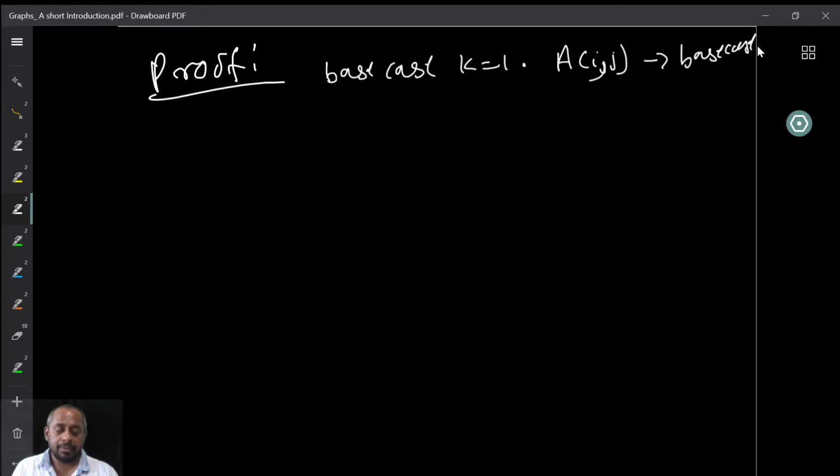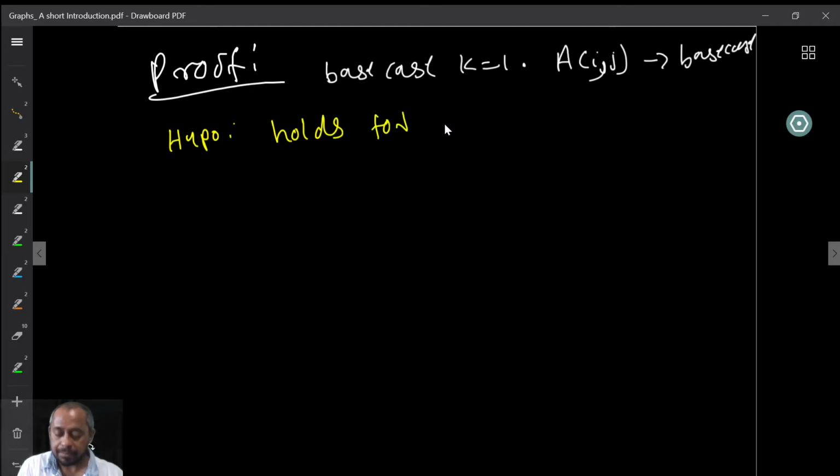Now let us use the induction hypothesis and say that the result holds for any value of k less than n. So the hypothesis: the claim holds for k less than n.